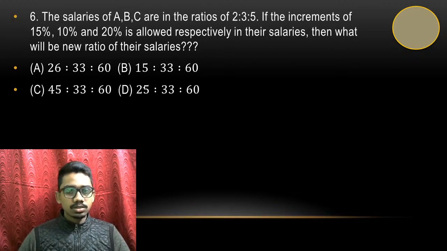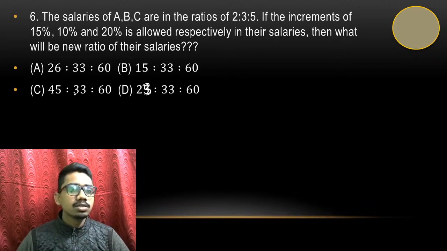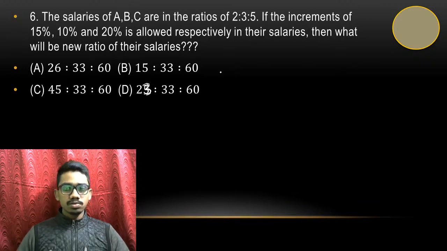So this is 23, guys, instead of 25. 23 ratio 33 ratio 60. So these are the options. So kindly solve the question and do let me know the correct answer.